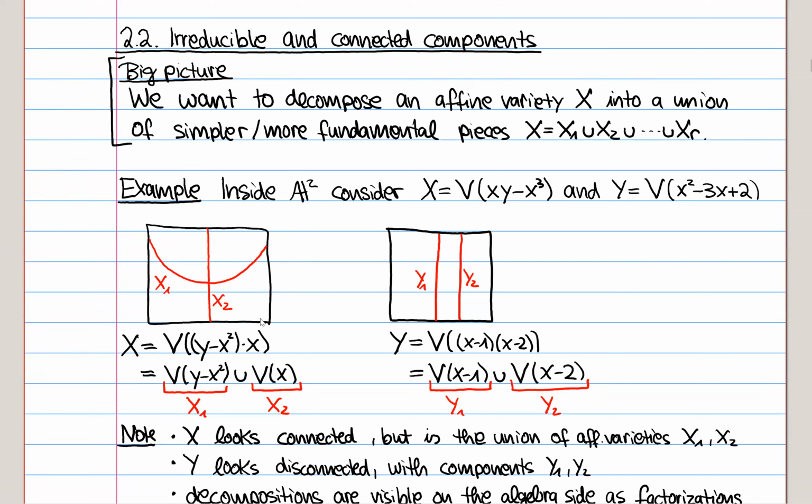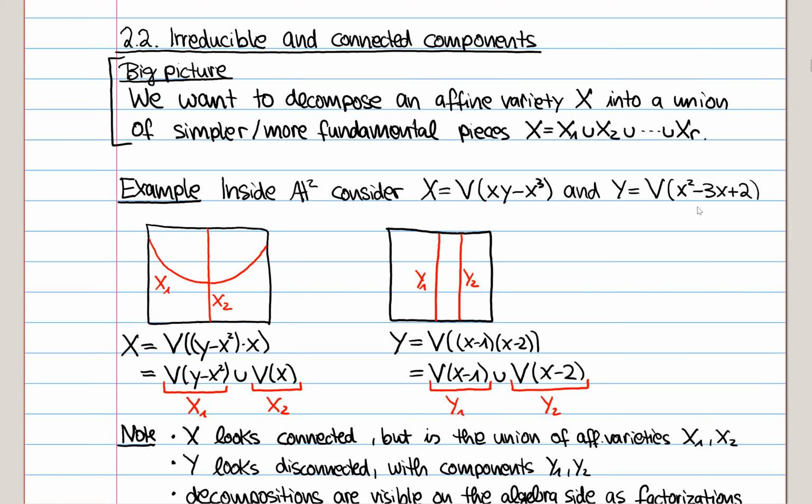Again, here I draw the real picture to give you something to look at, but this works over any field. So we see here for this X that even though it's described by a single equation, it actually decomposes as a union of two pieces, which are in a certain sense simpler than the full space X.